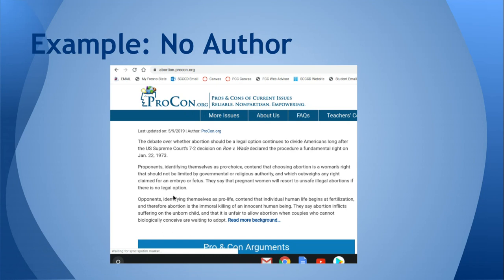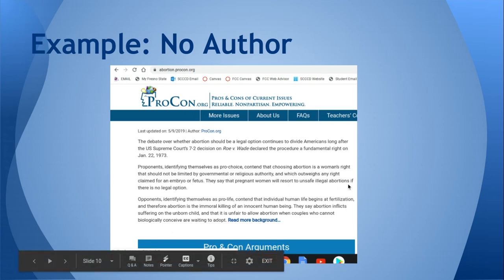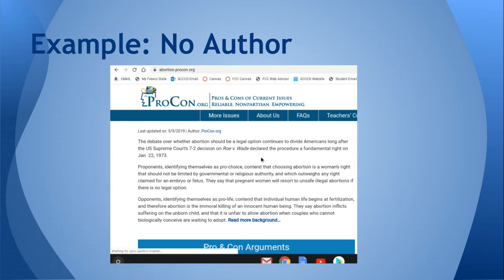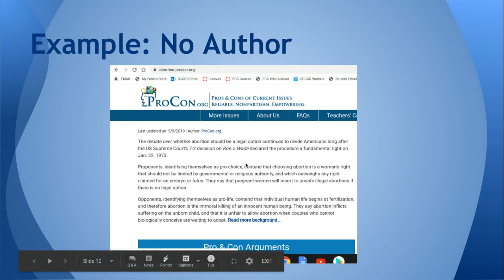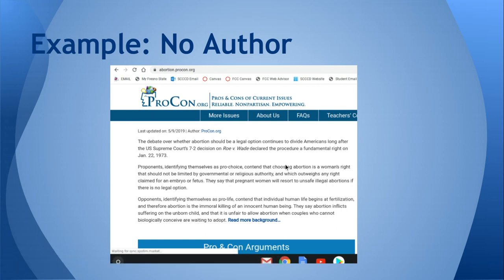And while this is a perfectly good place to start because it gives us lots of interesting information and shows us many sides to an issue, these are not ending places because, for instance, this does not have an author, right? So you would need to do a little bit of further research to get some more information about this topic before you could find an article or a book or something that would help you be able to write about this.